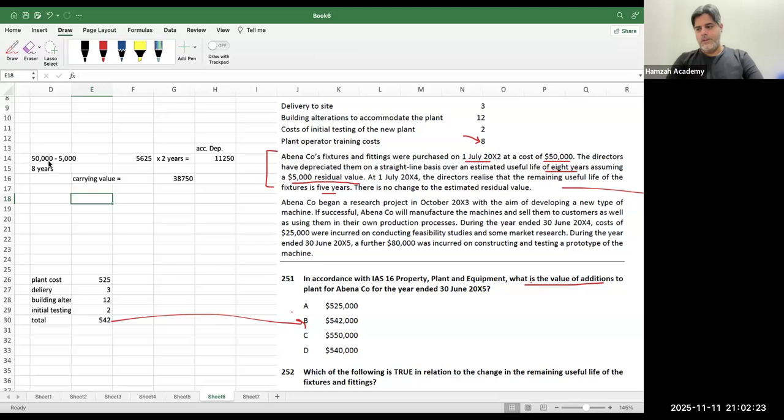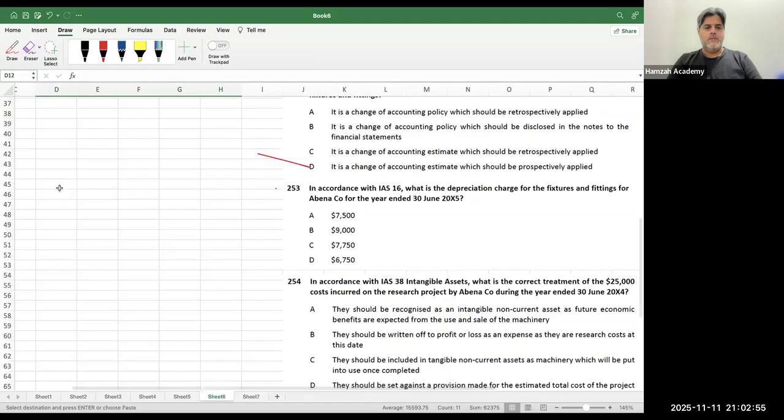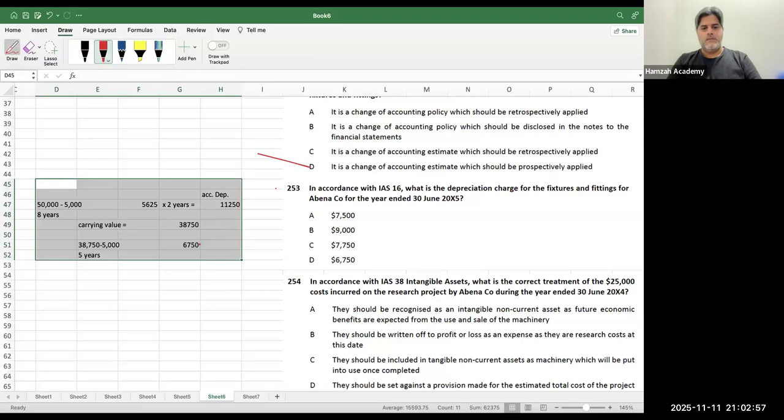So this is going to be 38,750 minus 5,000 divided by 5 years. 38,750 minus 5,000 by 5 years is 6,750, right? Six seven five zero.